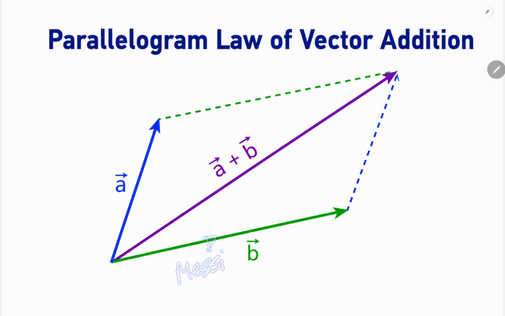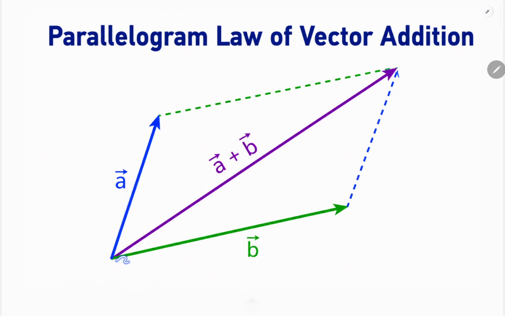If they kick the football at the same instant, the ball will not go in this direction or that direction, it will go in this direction. This is the resultant. This is the idea of resultant.